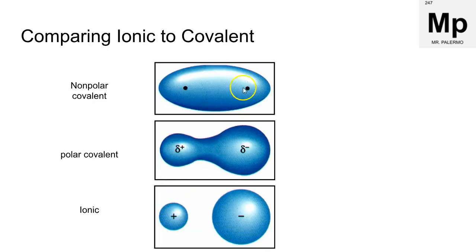So when we compare them all: nonpolar covalent bond, sharing equally; polar covalent bond, sharing unequally, where one side becomes partially negative and one side becomes partially positive. And then when one atom is so strong that it can actually take the electrons, or transfer electrons, we get a situation called ionic, where we actually form separate ions.